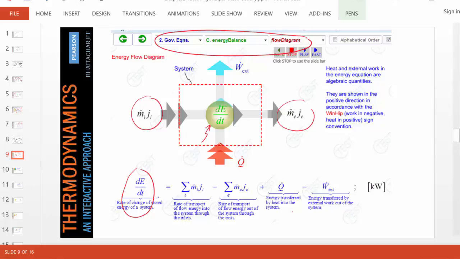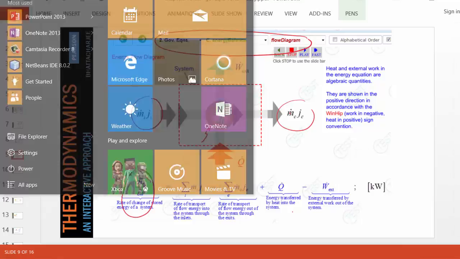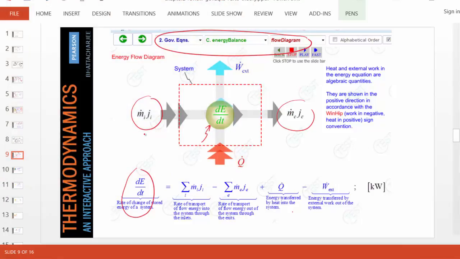So suppose it's a mass equation. Everybody understands the mass equation. Mass going in and coming out, the difference must be accumulated. There is no other way. In case of energy, you can think just like mass. It's a different entity, different property, but it's the same way you can understand the energy equation.